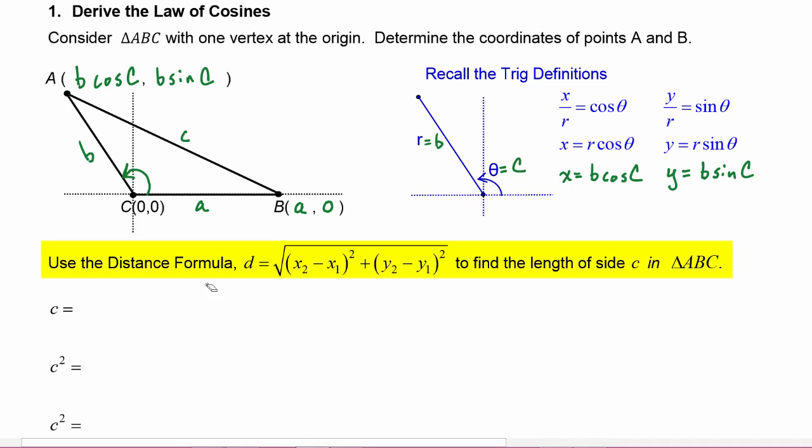Next, we're going to use the distance formula to find the length of side c in the picture.